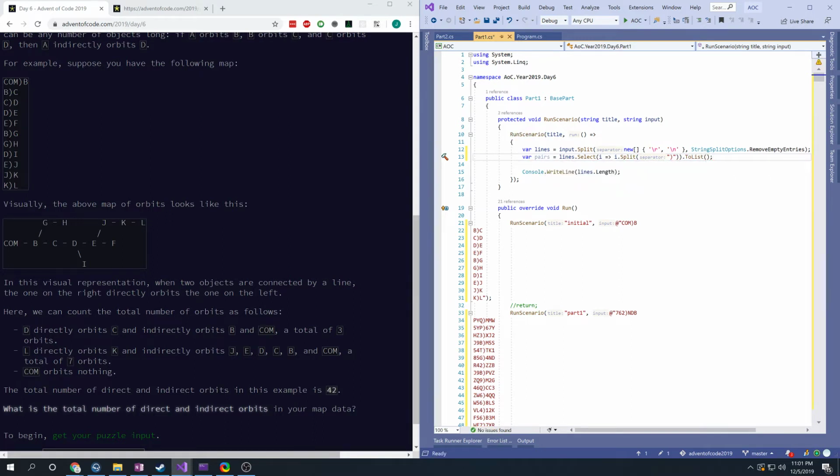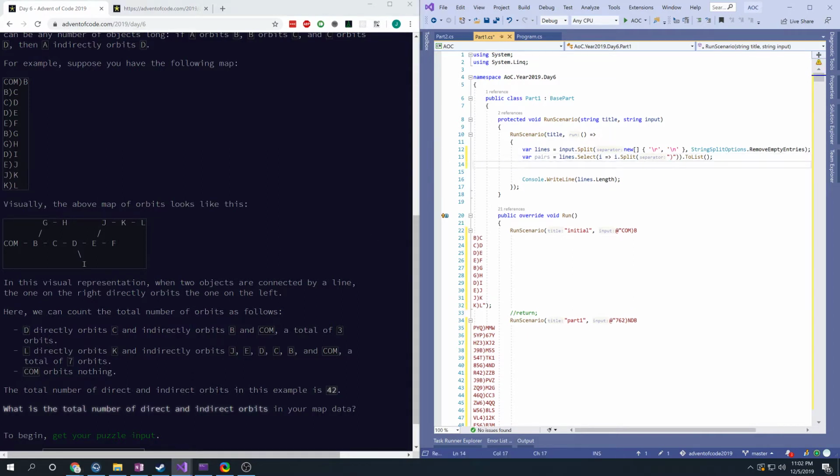Strings. So it's the distance from each node all the way to the top. Okay.